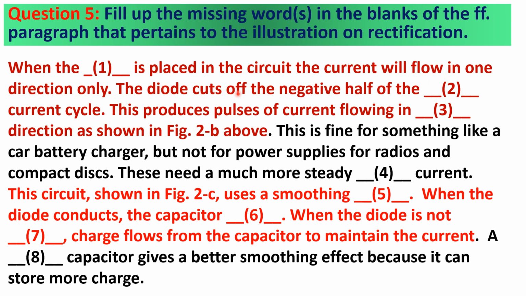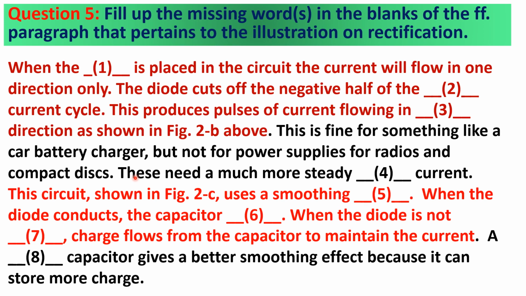The diode cuts off the negative half of the blank current cycle. This produces pulses of current flowing in blank direction as shown in figure 2b above. This is fine for something like a car battery charger, but not for power supplies for radios and compact discs.